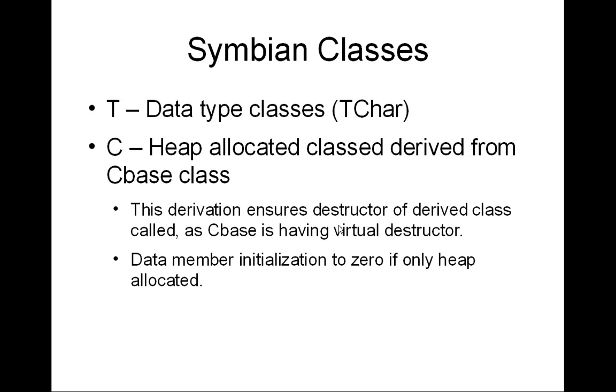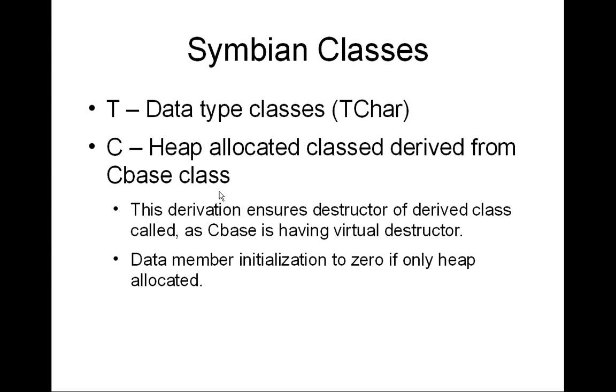Okay. So now when you will see Symbian code, or we will see the auto-generated code, Symbian has a naming convention in their classes. The classes which start with T, which are known as T classes, are data type classes.